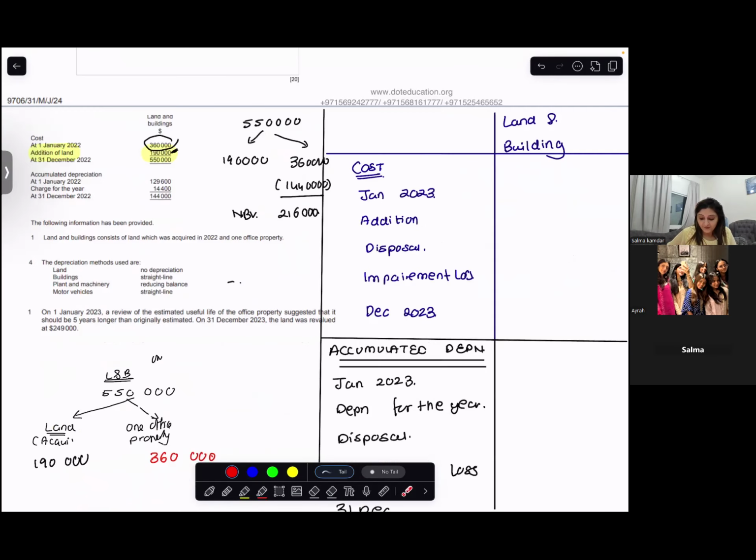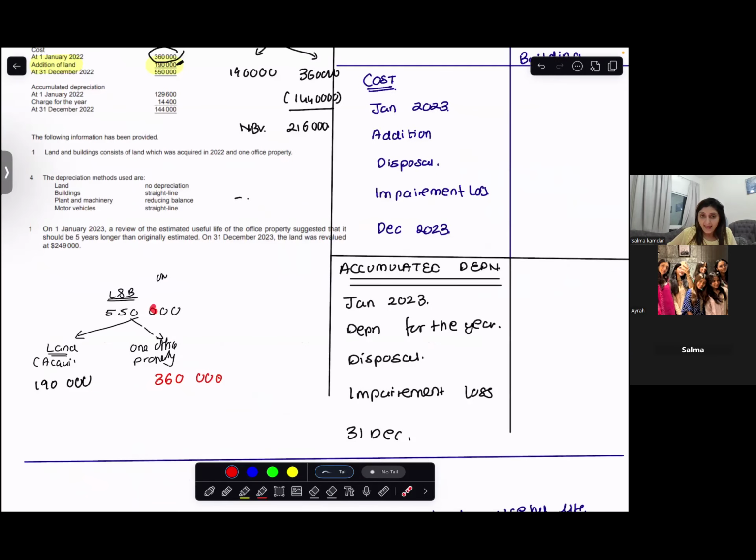This 550,000 is made up of land at 190,000 and the property at 360,000. On this property of 360,000, up till January, depreciation that was charged was 129,600. Charge for 2022 is 14,400, and on the last date, 31st December, my total accumulated depreciation is how much?